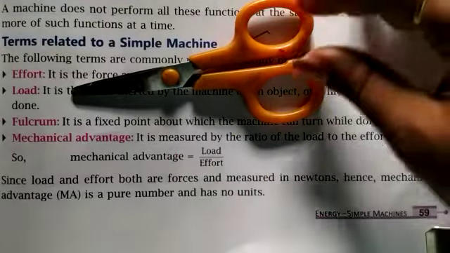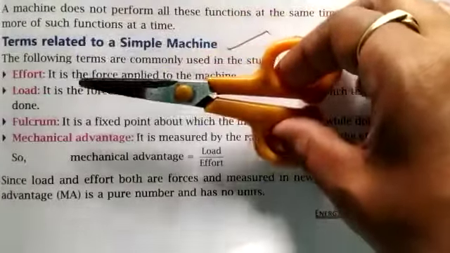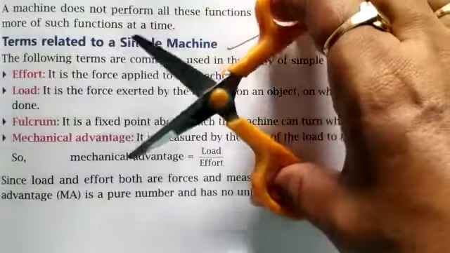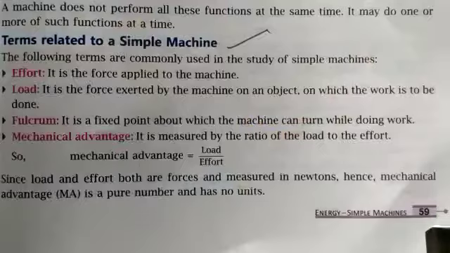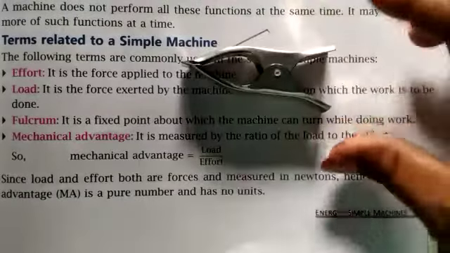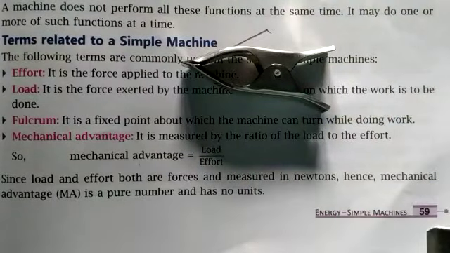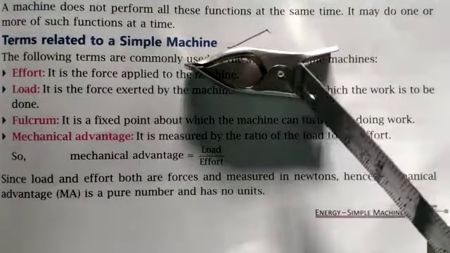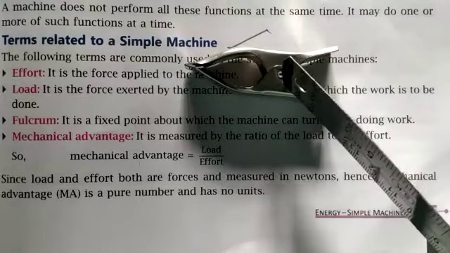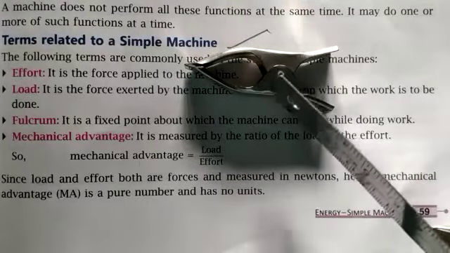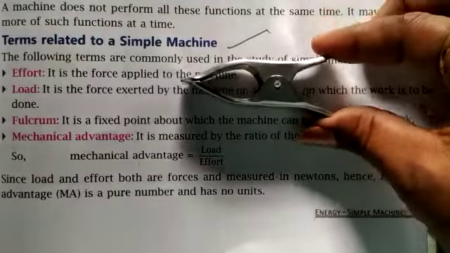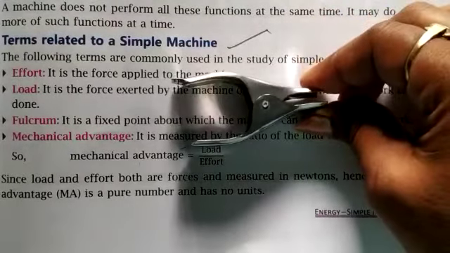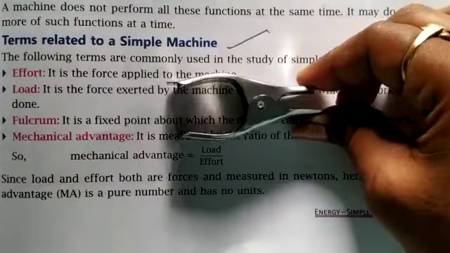Like if I want to open this scissor, it will move only from that fixed point. We can take the example of this clip also. Here in this clip you can see a dot-like structure. That is the fixed point of this clip. If I am using it to open, it is moving from that fixed point only.